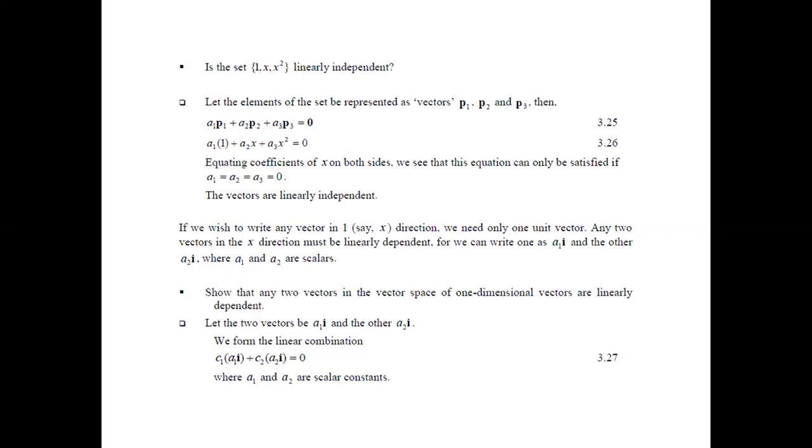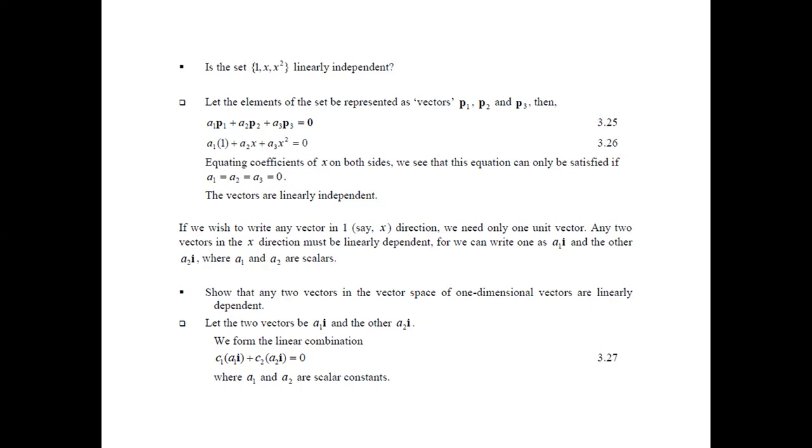Is the set 1, x, x squared linearly independent? Let us pick vectors P1, P2, and P3. Then A1 P1 plus A2 P2 plus A3 P3 equals 0, where P1 is 1, P2 is x, and P3 is x squared.